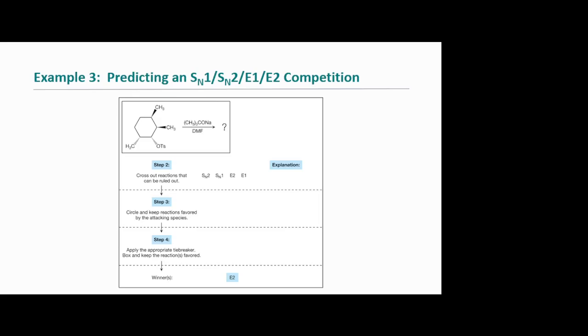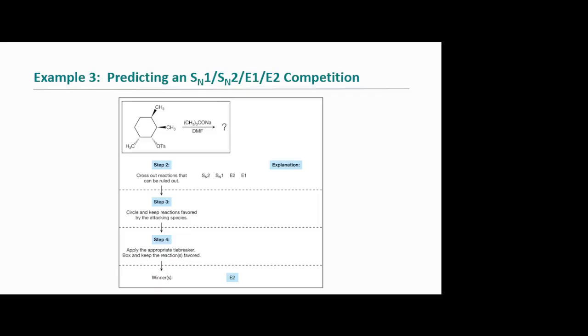Okay, so step 1, what's our leaving group? Yes, you got it. The OTs, perfect. The tosylate. Very, very good leaving group, right? Are we attached to an sp3 carbon? Yep, we're attached to an sp3 hybridized carbon. Do we have something that can act as an anion, an attacking species here?